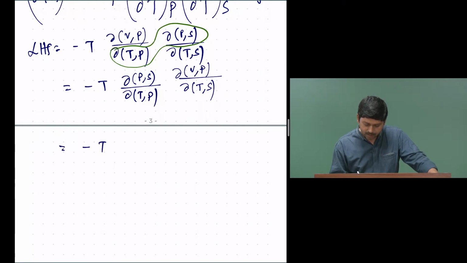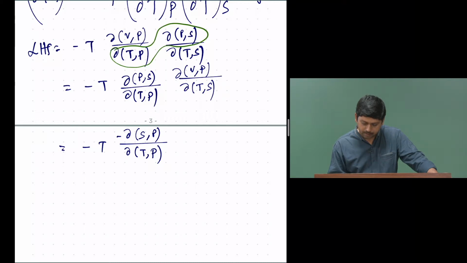Minus T. Now, this one we can write as del S P by del T P, but I need a minus sign for that, and in this quantity there is nothing common, because we have V P and T S. So, we will have to find out something for that.